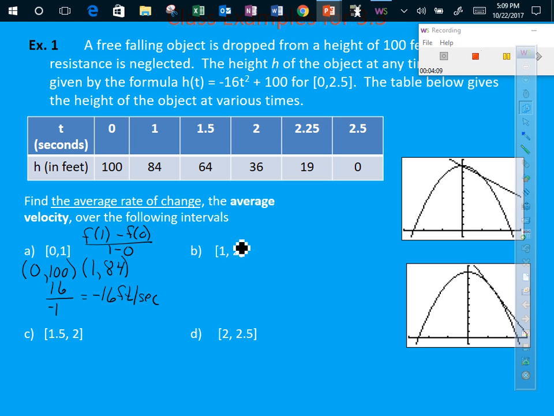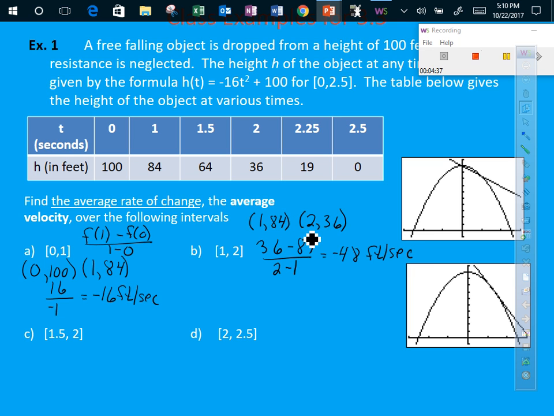So, for instance, on B here, two ways to do this. I could think about the ordered pair (1, 84) and the ordered pair (2, 36). I just pulled that information from the table. Now I'm going to go 36 minus 84 over 2 minus 1. And I'm going to get negative 48 feet per second.